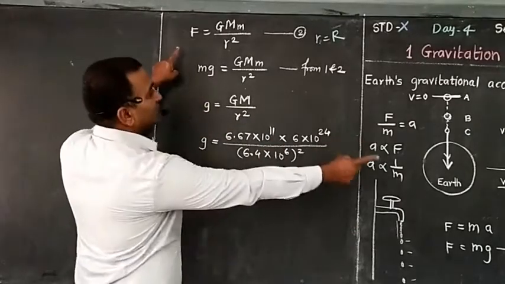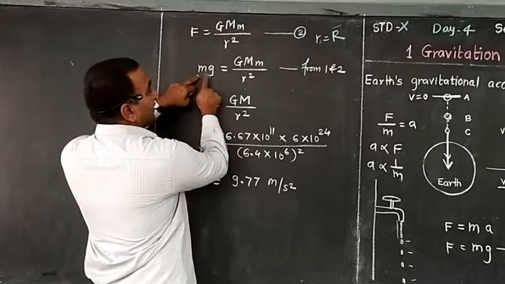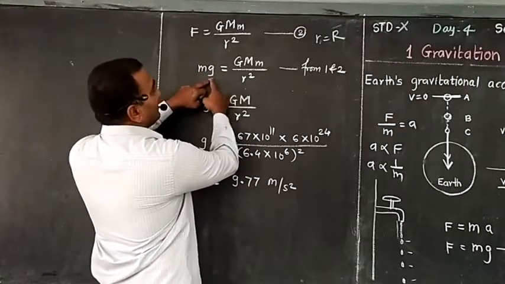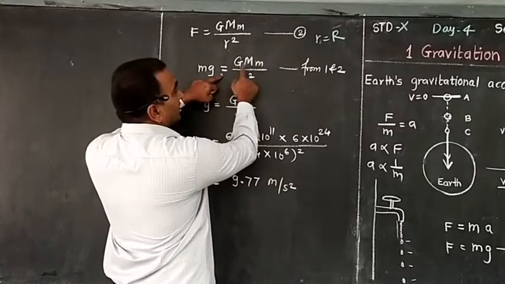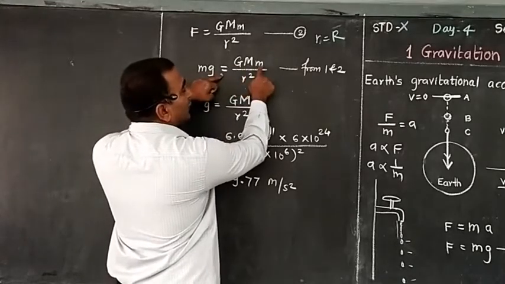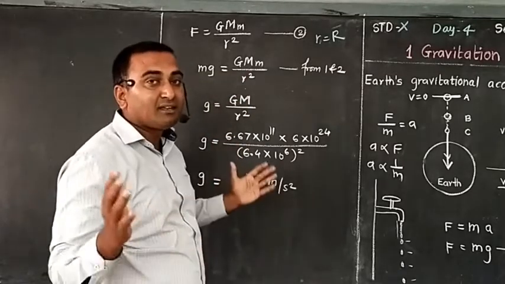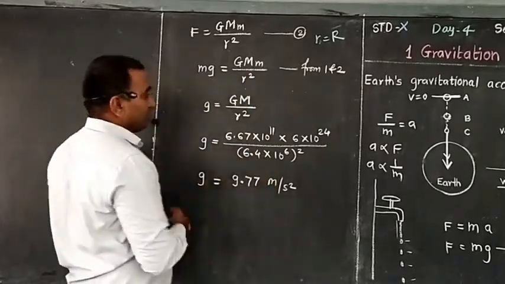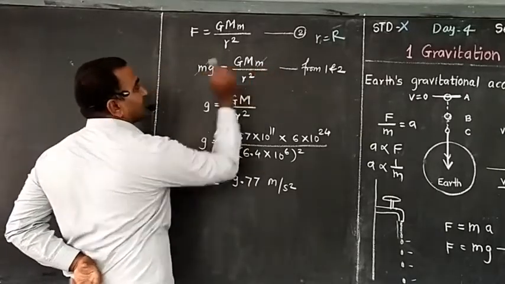So by equations 1 and 2, mass of object into gravitational acceleration is equal to gravitational constant into mass of earth into mass of object divided by square of the distance between earth and that object. Then if you focus here, both the values m get cancelled.